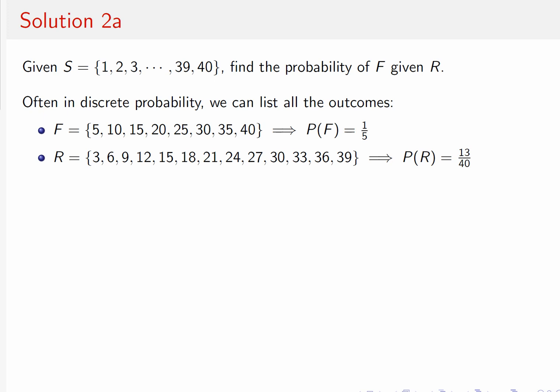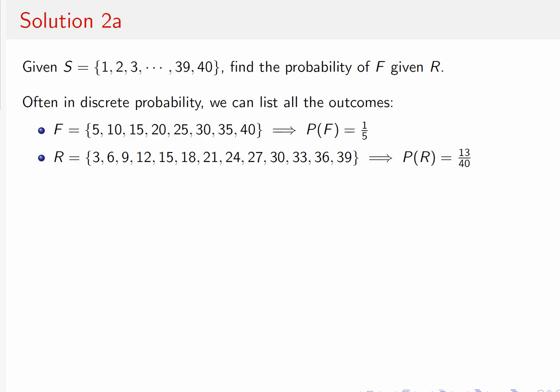This is actually a good technique. And then R, we're listing everything that's in R, 3, 6, 9, and so on. You can just count the figures: 1, 2, 3, 4, 5, 6, 7, 8. 8 over 40 is 1/5. So that's what we're doing here.